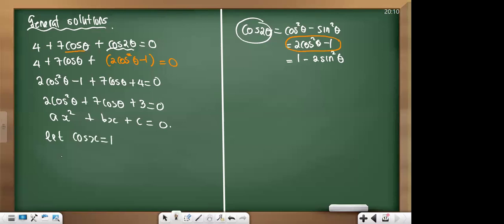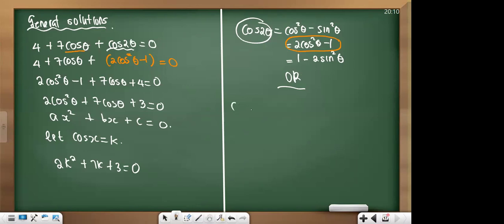I'm showing you 2 ways. This will be 2k squared plus 7k plus 3 equals 0, which is something that you can even solve. Listen, use the quadratic formula. It will be marked correct.